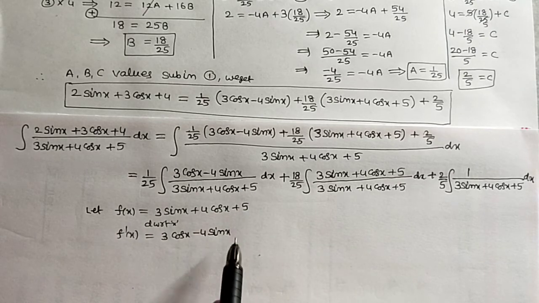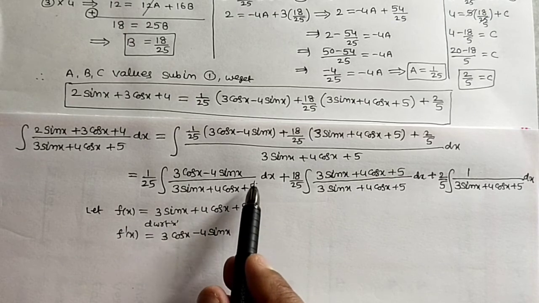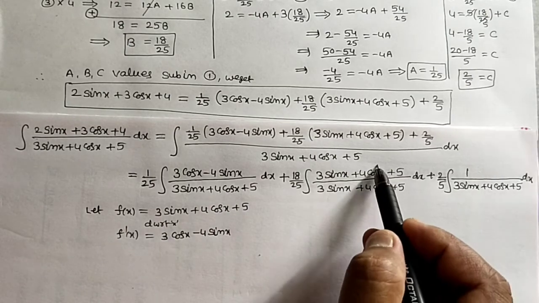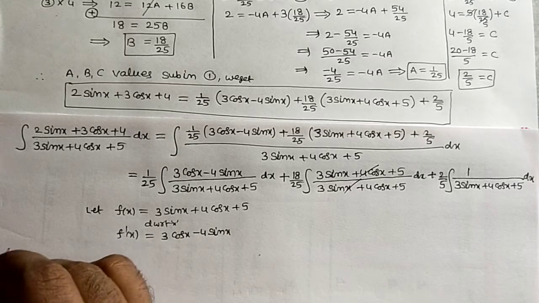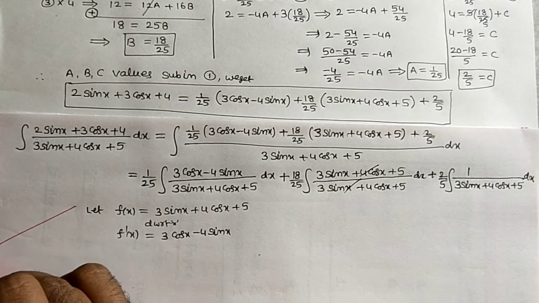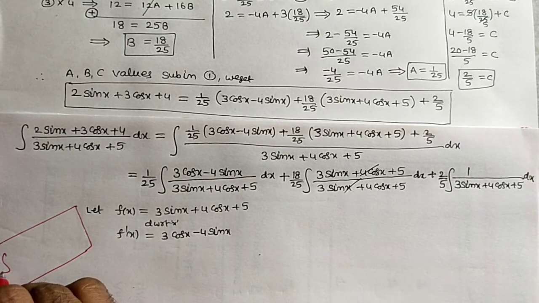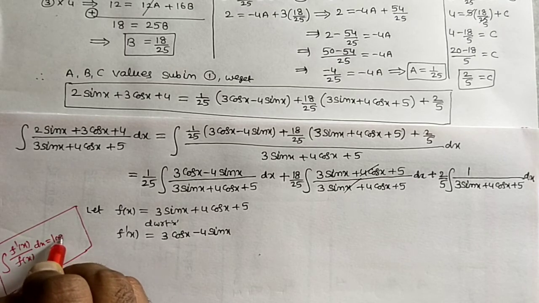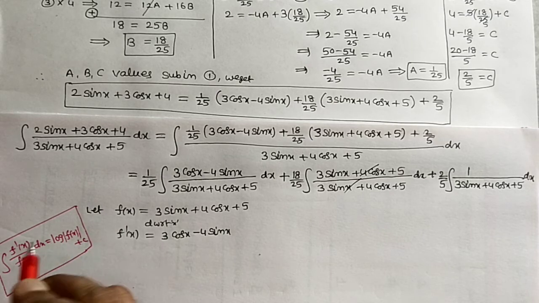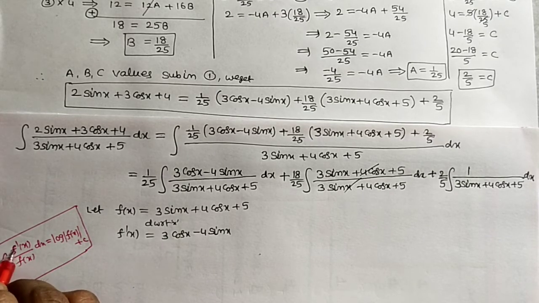It is in the form of f dash of x by f of x into dx. We have a formula. We will apply that. And these two will be the same values, we can cancel it. So here we are going to apply this formula for the first term of RHS. Integral f dash of x by f of x into dx equal to log mod f of x plus c.